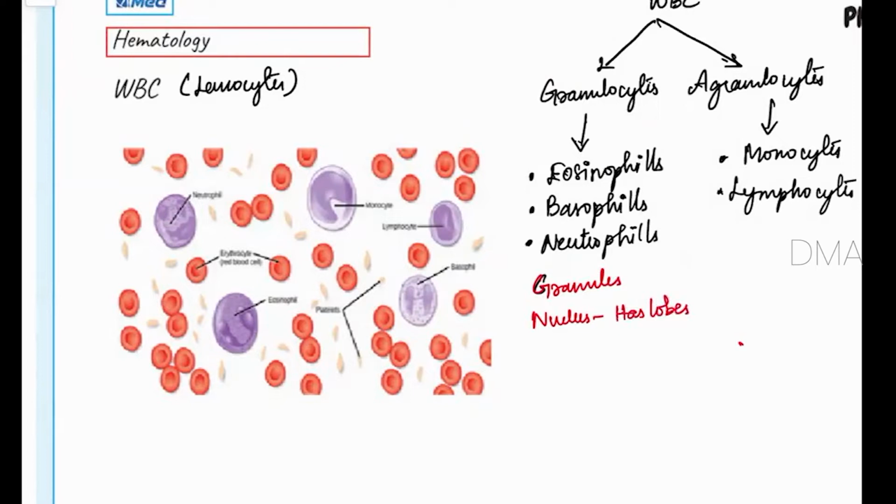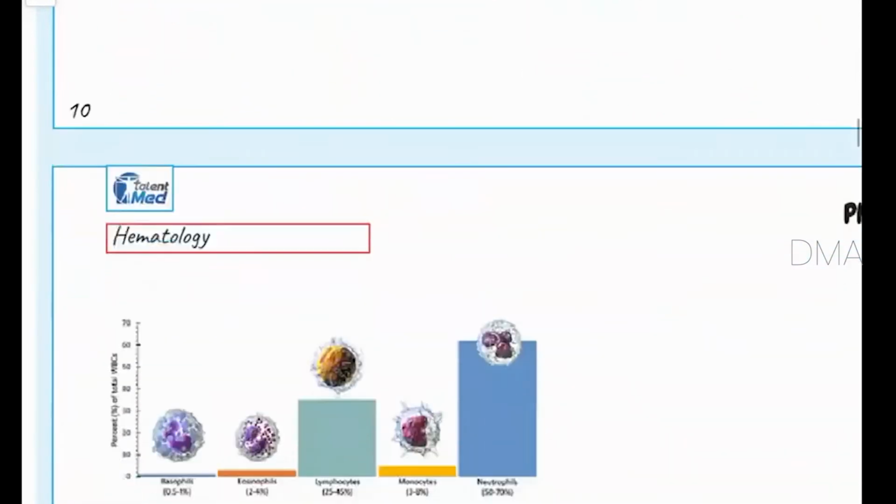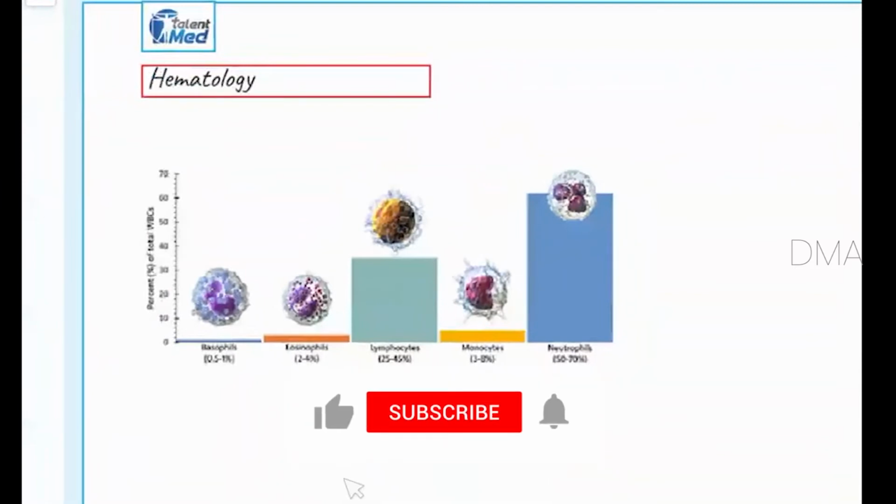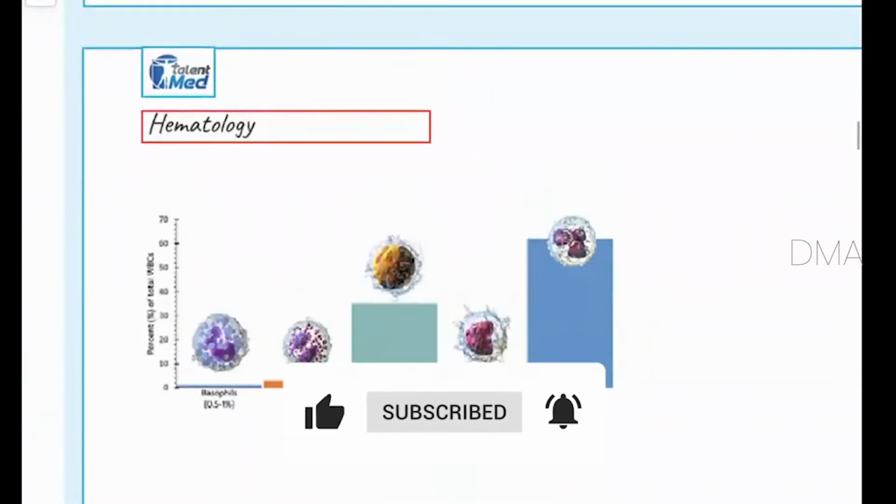Whereas agranulocytes have no granules and no lobes in the nucleus. Now we will see the differences regarding the granules and other things.